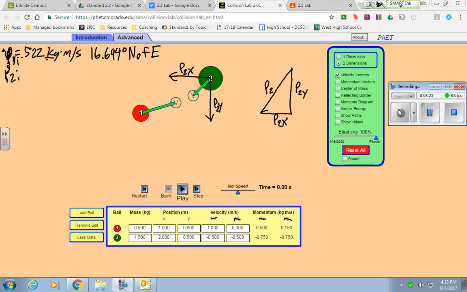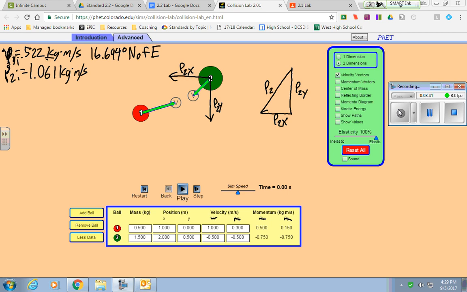So our P2 initial is going to equal 1.061 kilograms times meters per second.